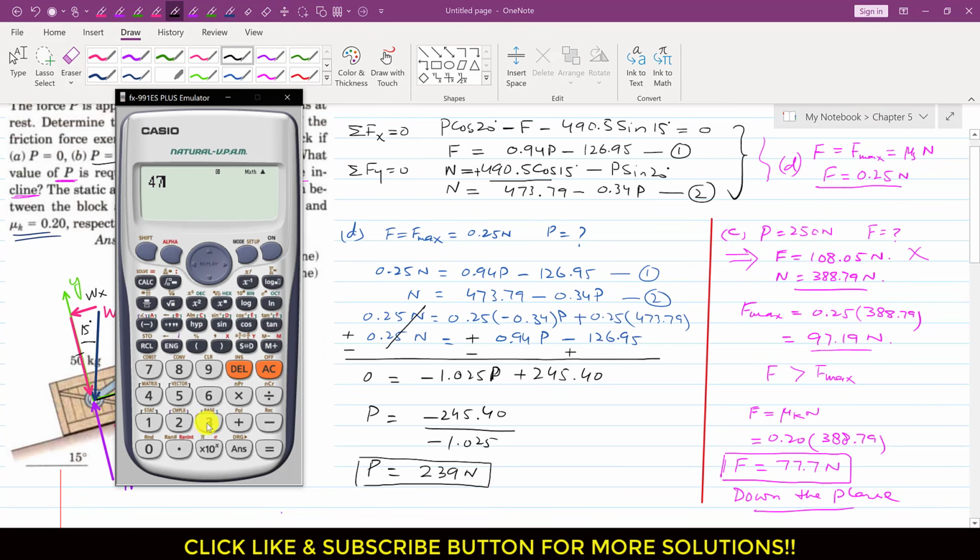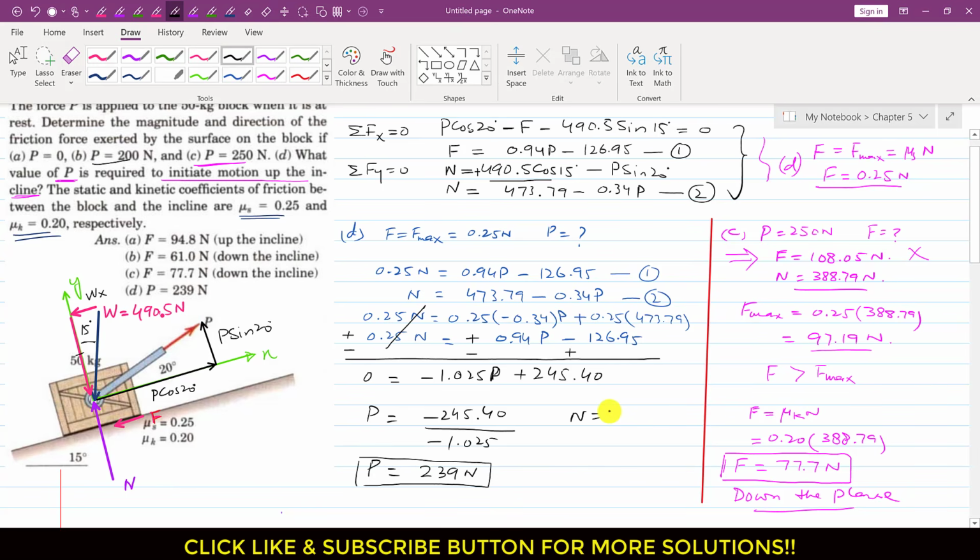So then that n value will be 473.79 minus 0.34 into p, which is 239. So then that n value is 392.53 newtons, and then f max is 0.25 times this n value.